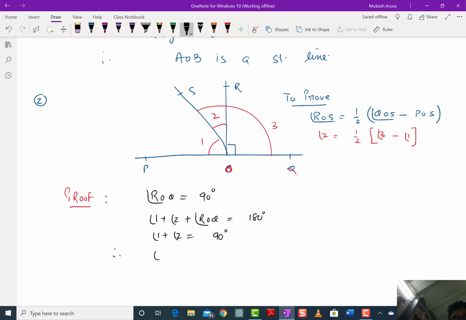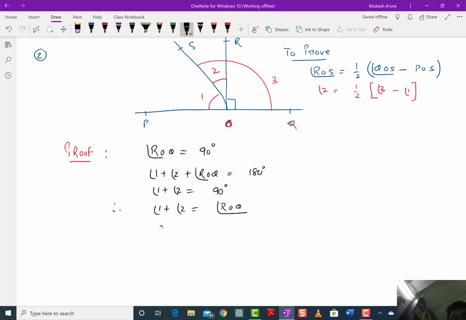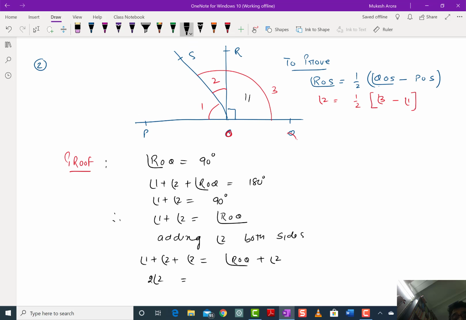Or we can say angle 1 plus 2 is equal to ROQ. Now adding angle 2 to both sides, it will be angle 1 plus angle 2 plus angle 2 is equal to ROQ plus angle 2. 2 times angle 2 is equal to ROQ plus angle 2, which will be equal to QOS minus angle 1.